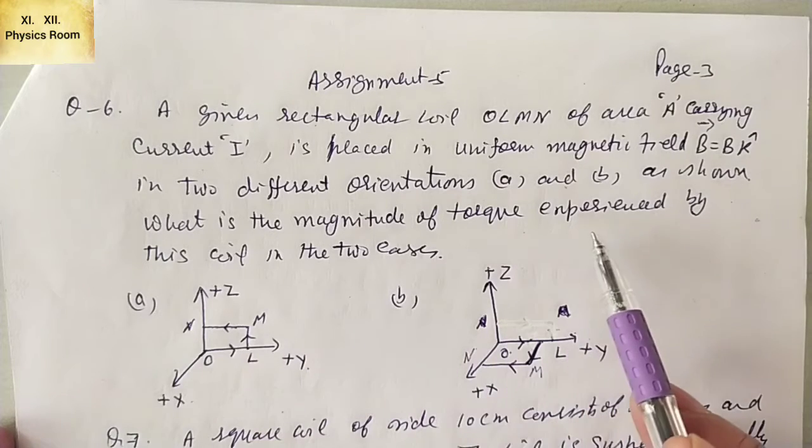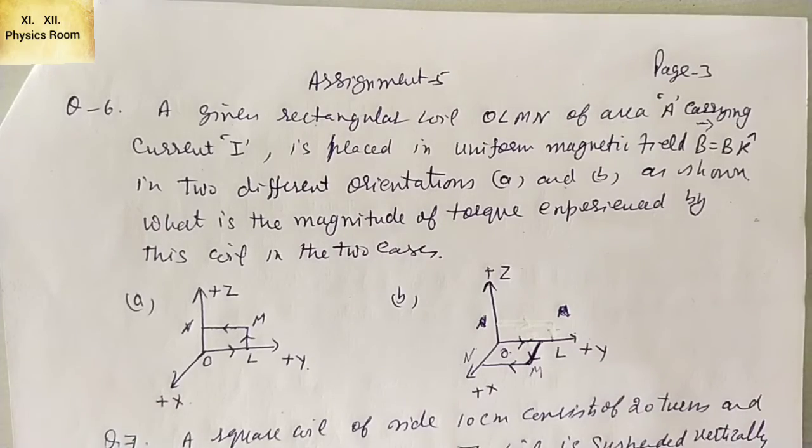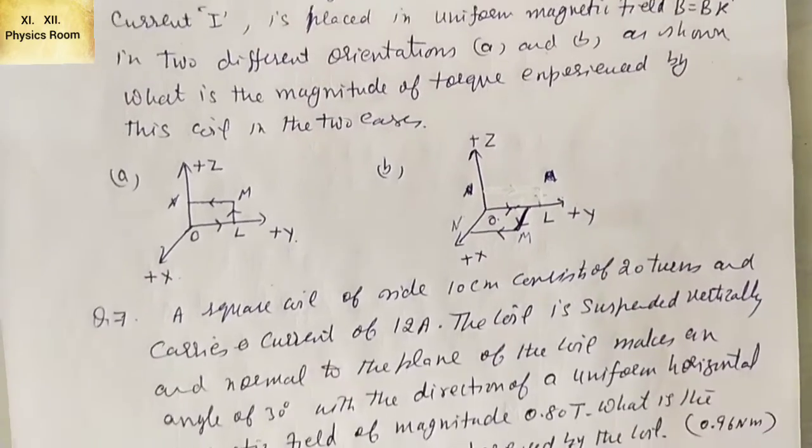What is the magnitude of torque experienced by this coil in the two cases? You have to write down the expression for magnitude.